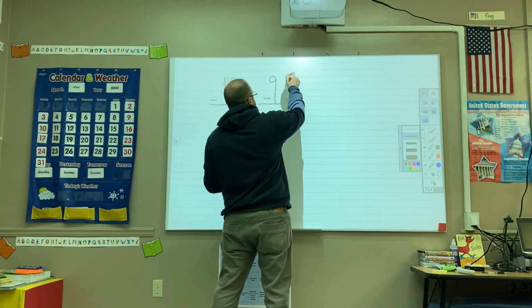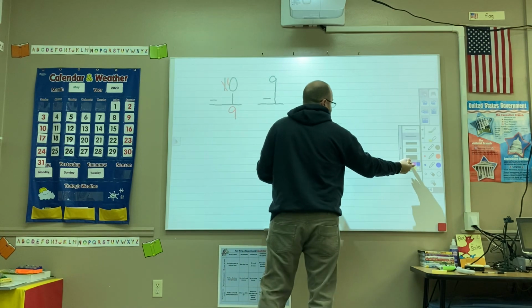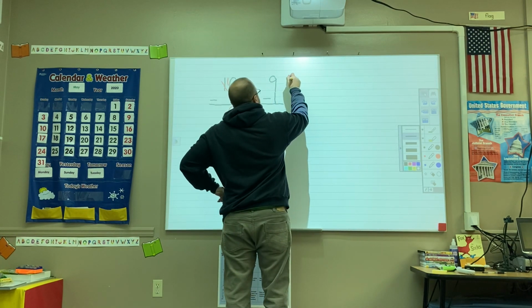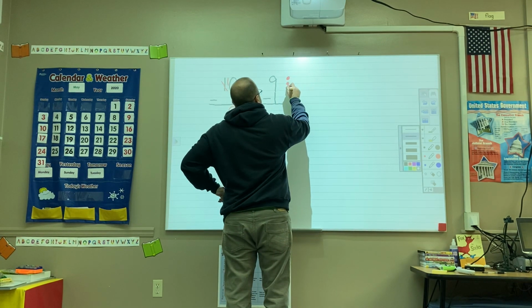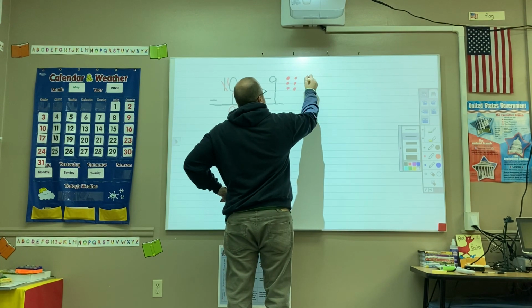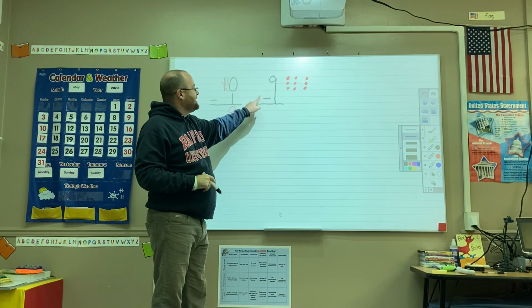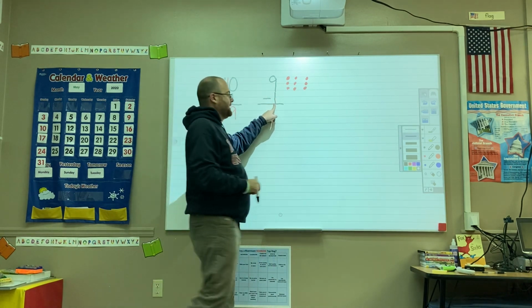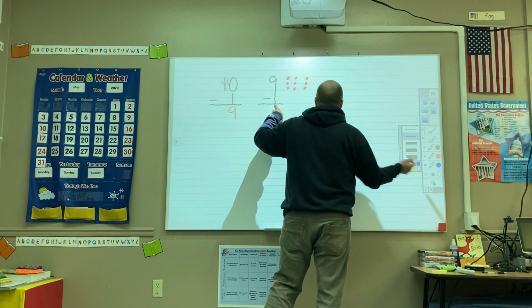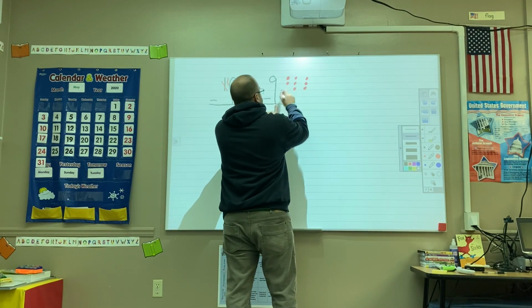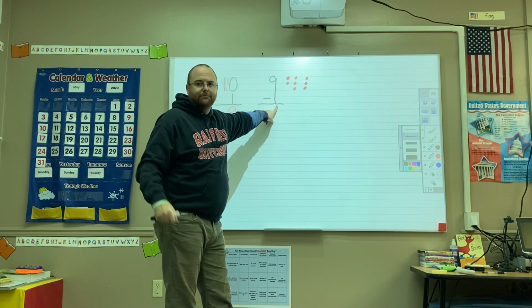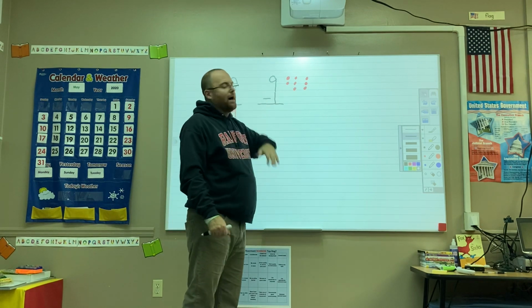Or another way you can do this is by drawing 9 dots. You could do 1, 2, 3, 4, 5, 6, 7, 8, 9. 9 dots, and I have to take away one of them. So let me take away 1. See what I got left. There, I'm taking that one away. Gave it away. All right. How many do I have left?